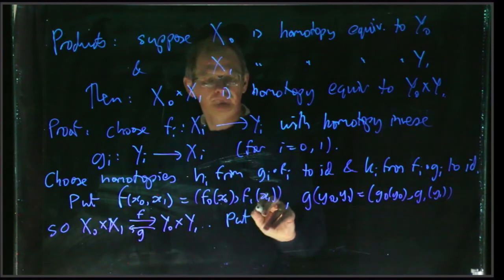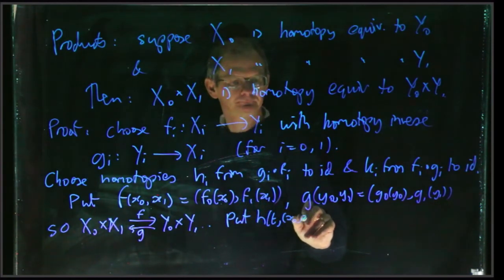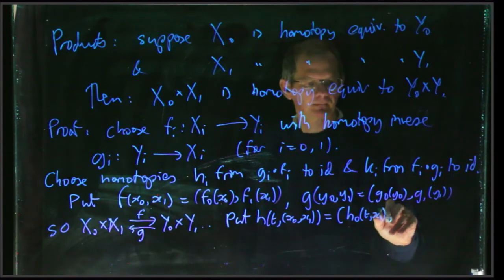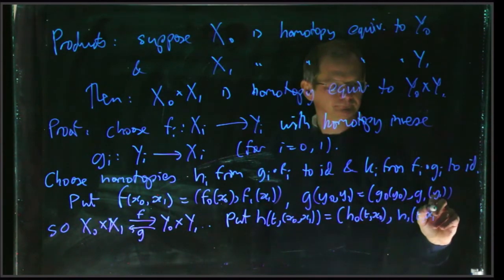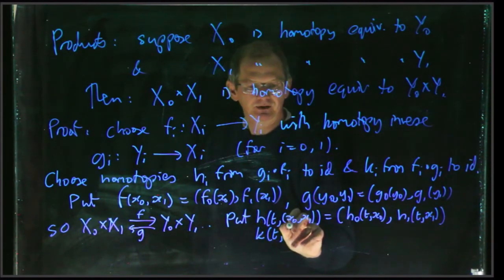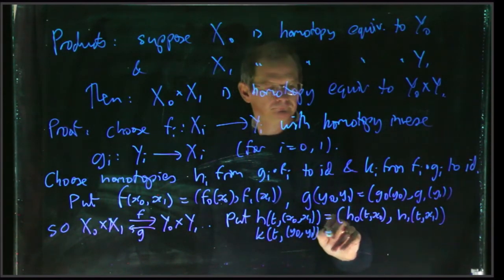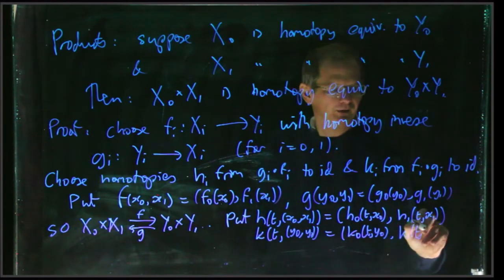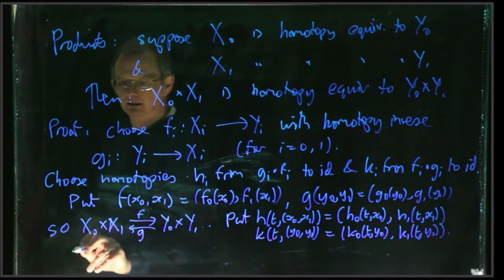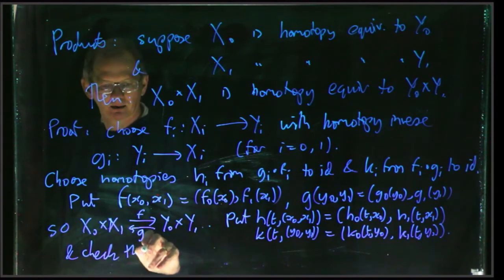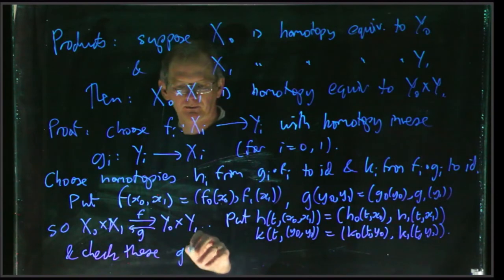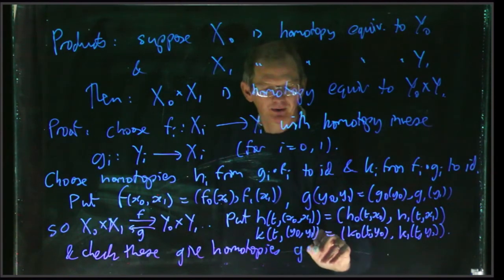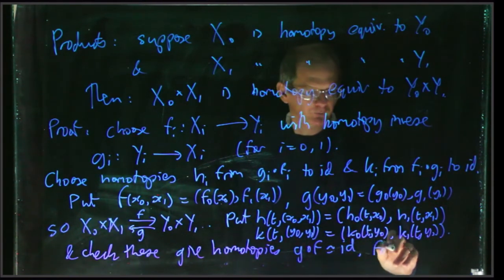So you put h of (t, x0, x1) is (h0 of (t, x0), h1 of (t, x1)), and k of (t, y0, y1) is (k0 of (t, y0), k1 of (t, y1)), and we check that these give homotopies: G composed with F is the identity, and F composed with G is the identity.